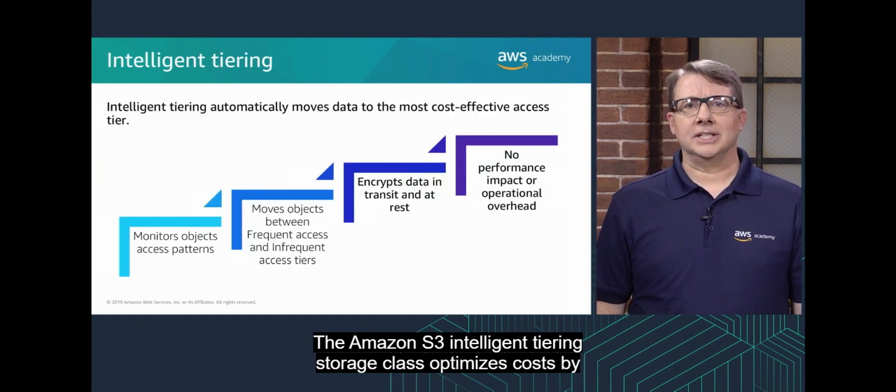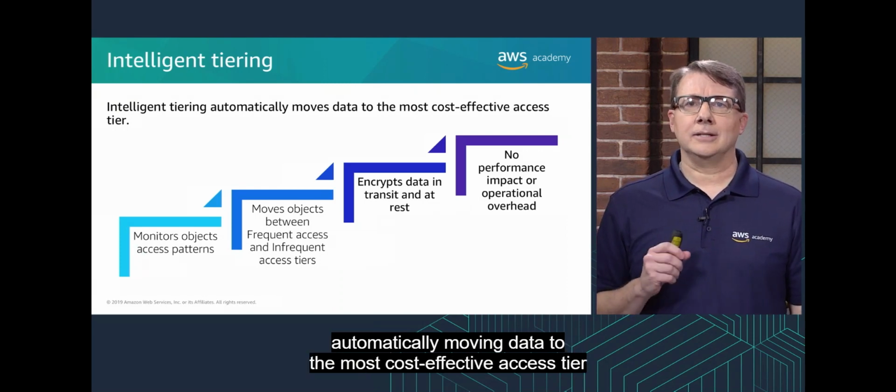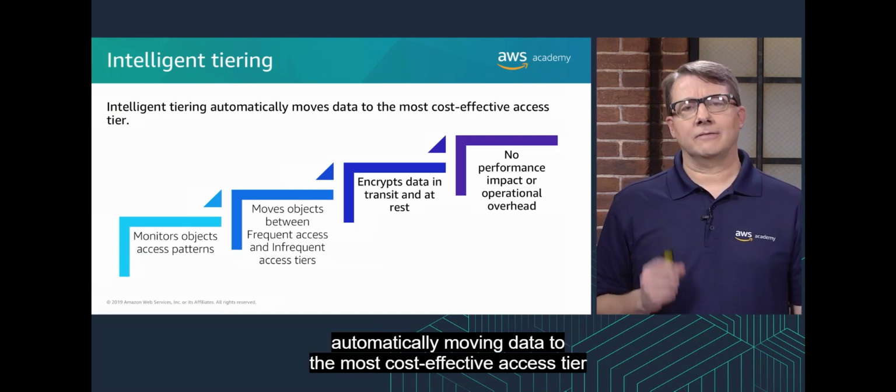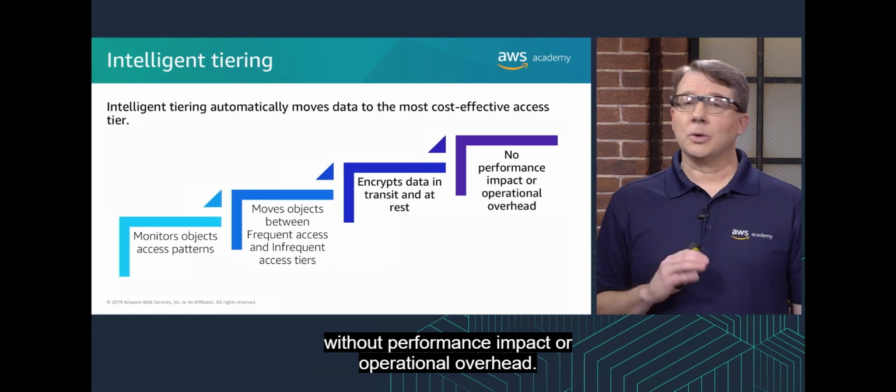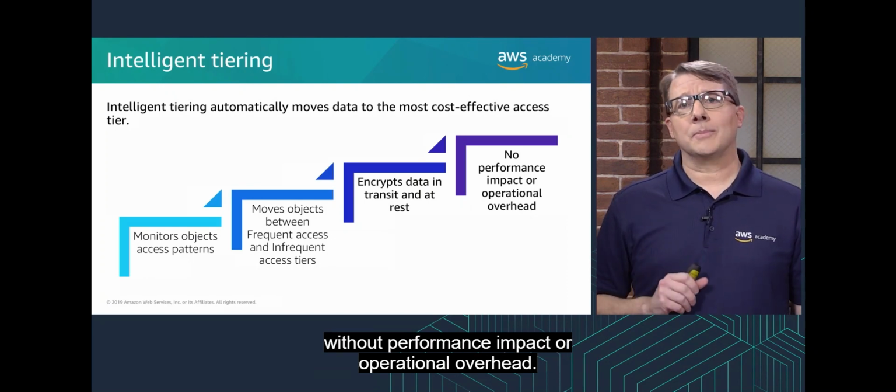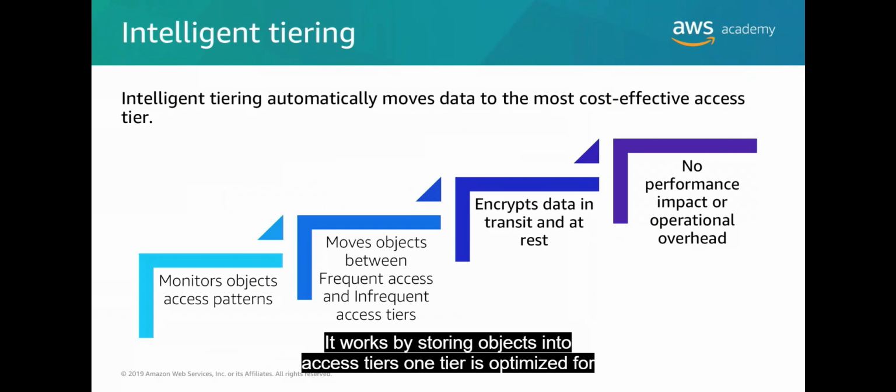The Amazon S3 Intelligent-Tiering storage class optimizes costs by automatically moving data to the most cost-effective access tier, without performance impact or operational overhead. It works by storing objects in 2 access tiers. One tier is optimized for frequent access, and another lower-cost tier is optimized for infrequent access.